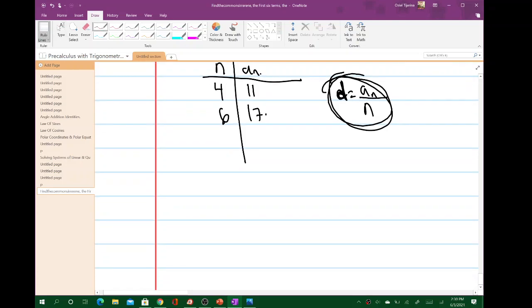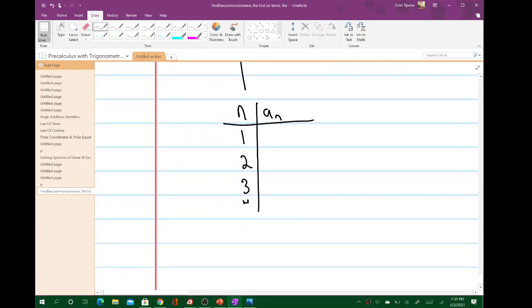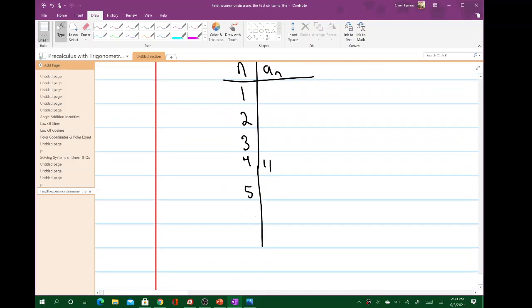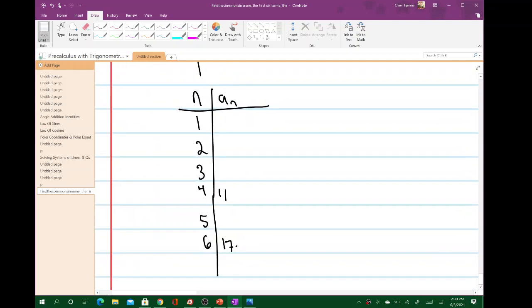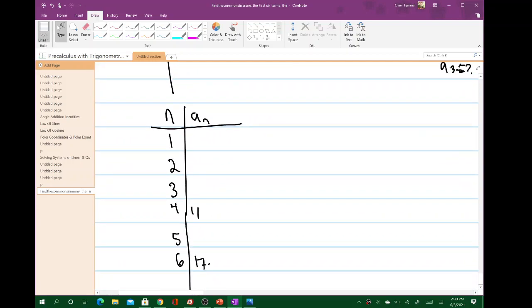If you want to do it without the formula, you can list n and a sub n as 1, 2, 3, 4 with 11, 5, and 6 with 17. What you want to make sure you do is take these two that you already know and find the slope between these two.